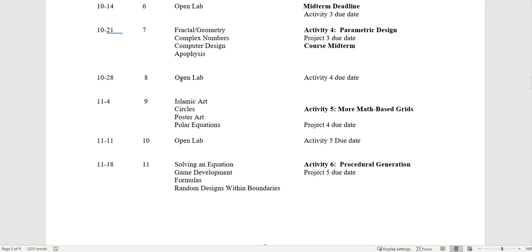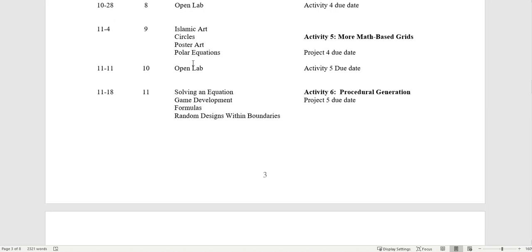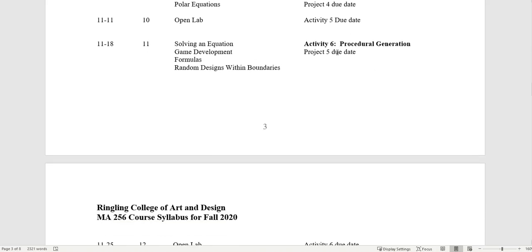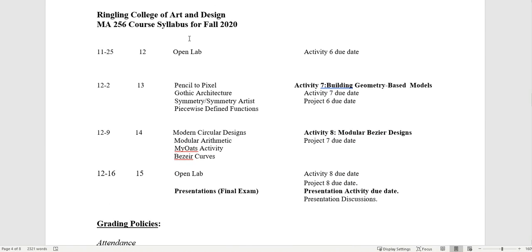And as we get on through Islamic art, different types of math-based grids, circles, extremely important. Again, polar equations, another form of a math grid that's used when you have a lot of circular types of functions. So open lab. Procedural generation, again, something else that is very important in things like game development and so on. Open lab.